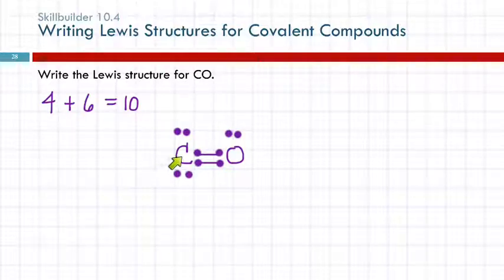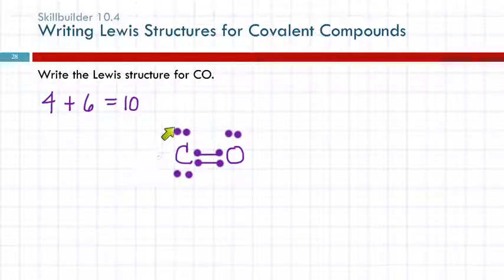Now when I look at this carbon, I've got 2, 4, 6, 8. This carbon has an octet. The oxygen has 2, 4, 6. We're still not good enough. I need to take another lone pair and make it a bonding pair. So if I take this lone pair and stick it in here, that's going to give carbon too many electrons.